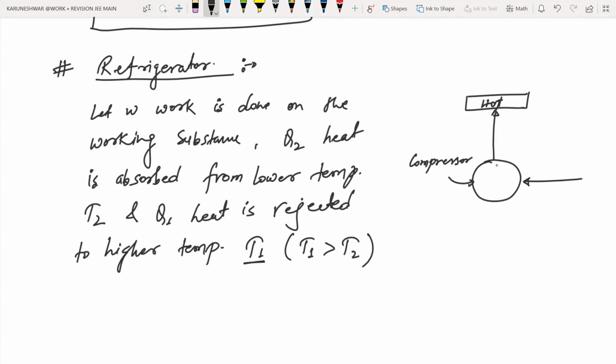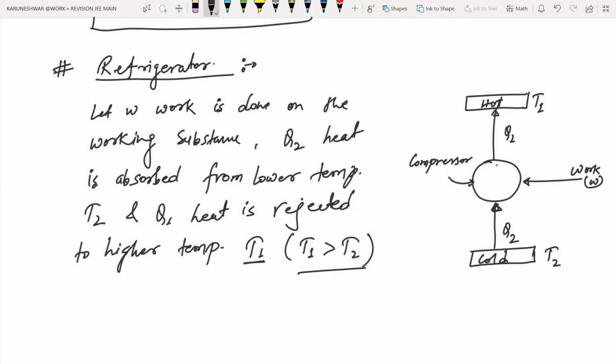Some work W is happening there, and heat Q2 is getting absorbed from the cold reservoir. This is the cold reservoir with temperature T2, and the hot reservoir has temperature T1. T1 is greater than T2. Keep this in mind because of hot and cold.